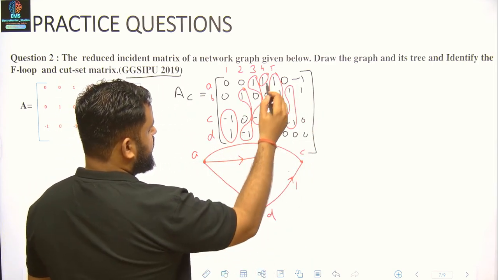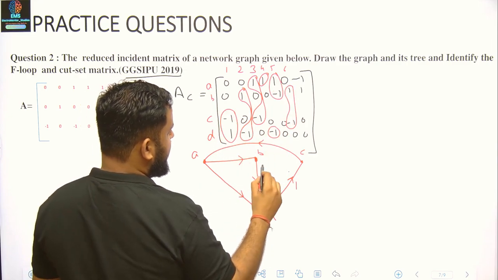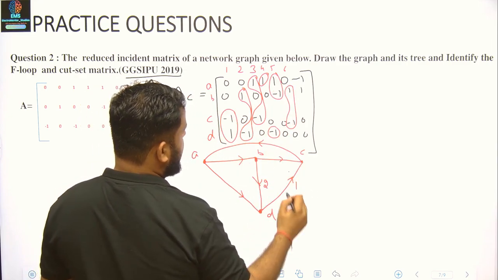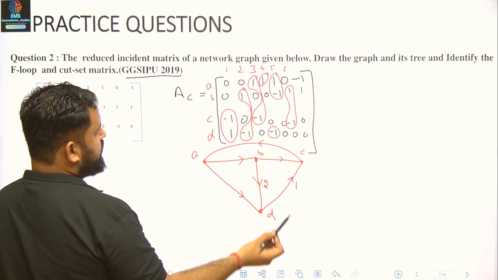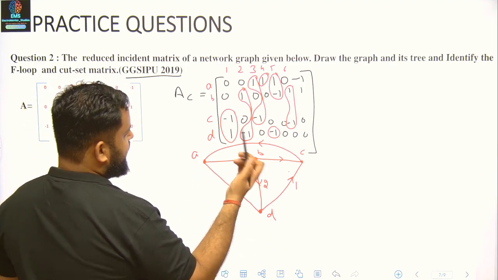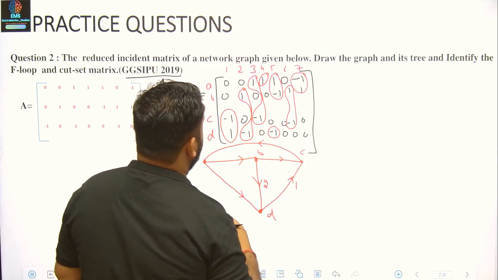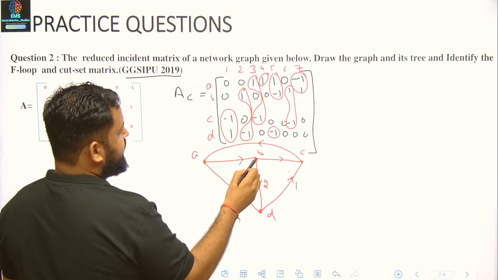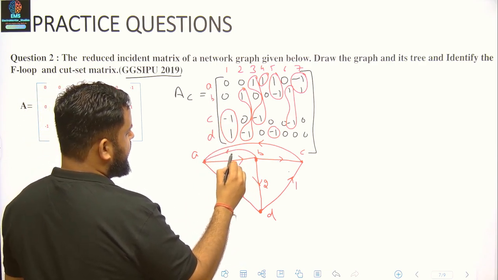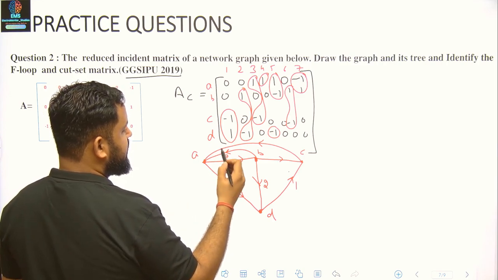For branch 6, it is C and B. For C, it is incoming, and for B, it is outgoing. Then there is a branch 7 also associated with it, which is A and B. From B to A, it is branch 7.